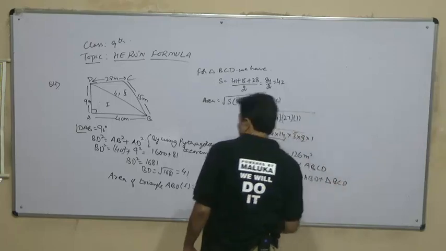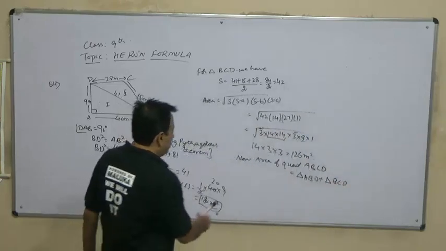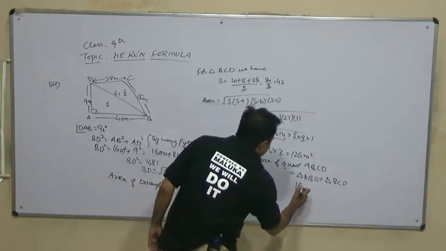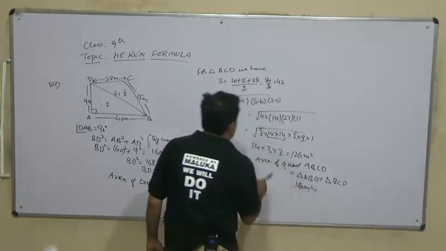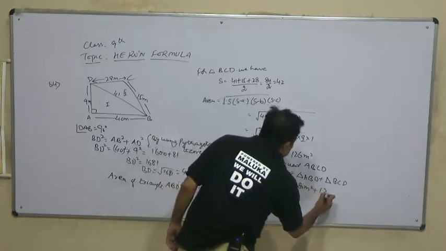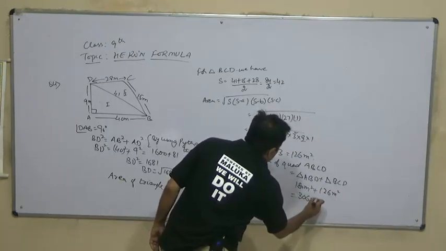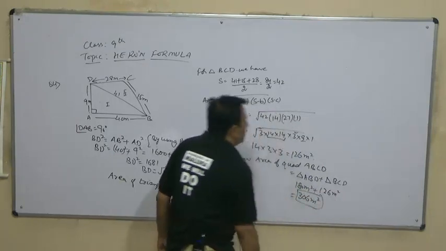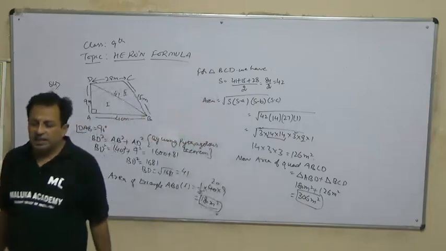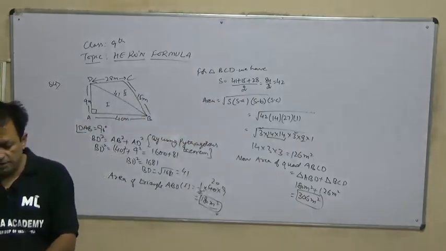So what is the area of triangle ABD? This is 180 meter square plus this is 126 meter square. So this will be 306 meter square. So this will be your answer. This is the area for this quadrilateral.